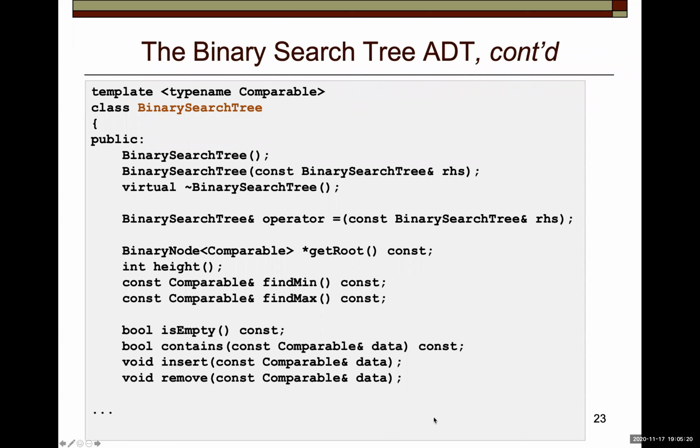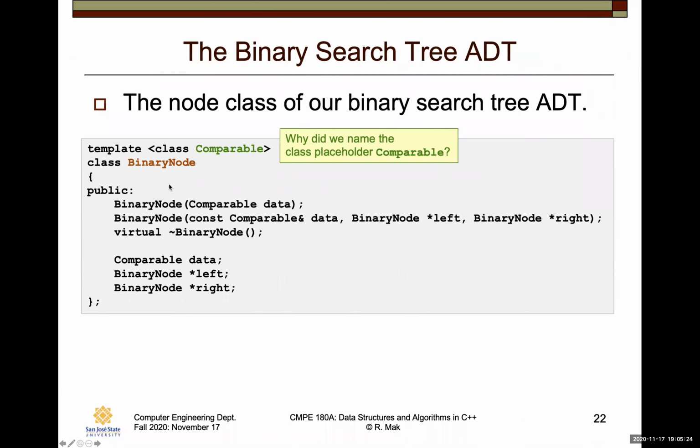All right, so what do we have here? We have a node, which is a template class because we want to be able to specify, when we create the node, what is the data type of the data that's in the node. You can see here that data is of type comparable. Comparable is just a placeholder for the actual type.